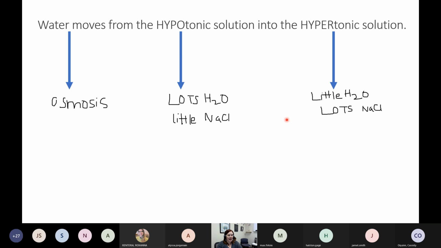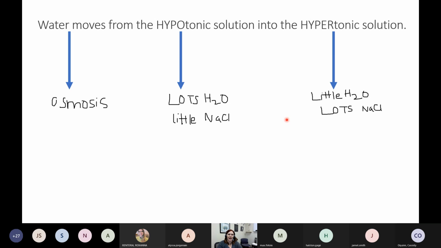So I see a question in the chat. Will we be moving water instead of solutes most of the time? It depends on the particular solute that we're talking about, but for the most part, if we're talking about things doing their own natural thing where we don't have to use any energy, yes, it's usually going to be water moving.